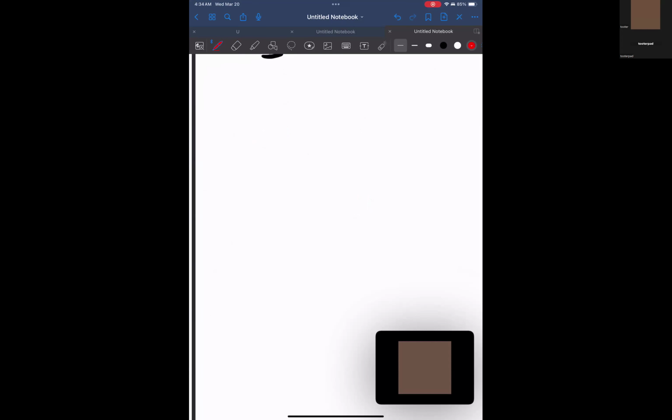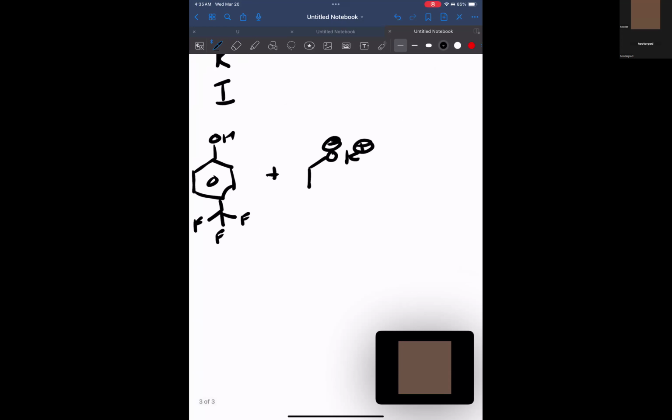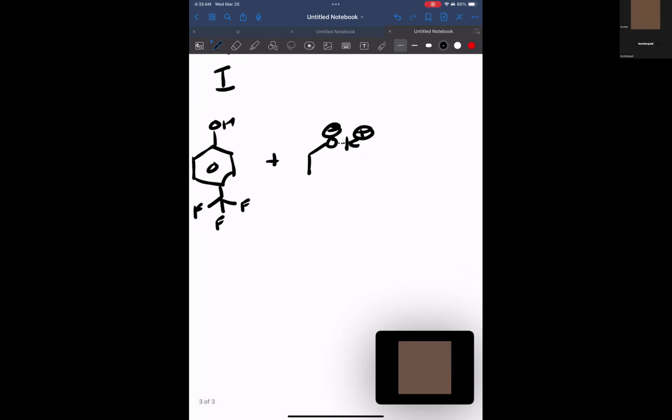All right. Let's see. Last problem. This is a phenol with CF3, which means that there's a trifluoromethyl carbon at the bottom. Add in potassium ethoxide right here. And as you know, anything that's bonded to the first row of the periodic table is an ionic bond.